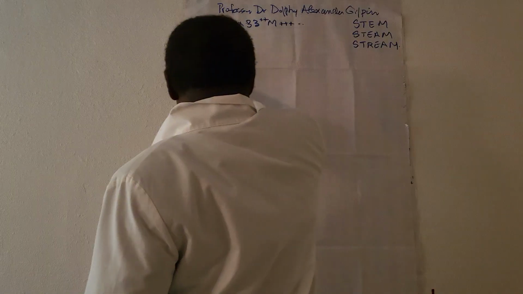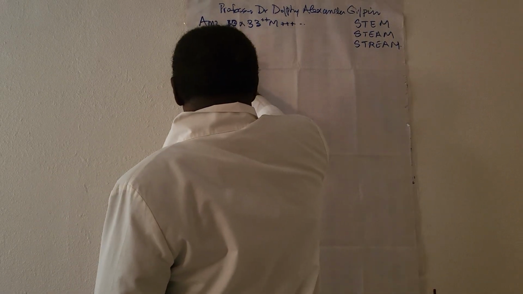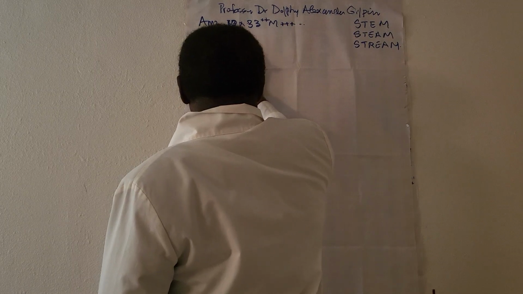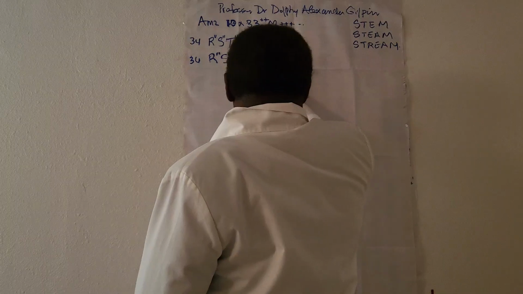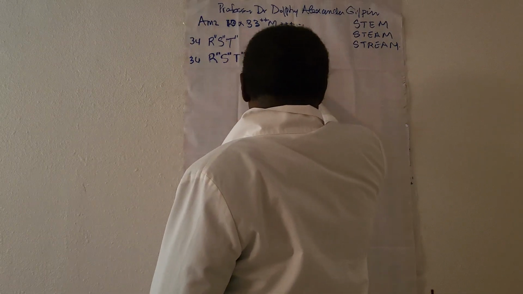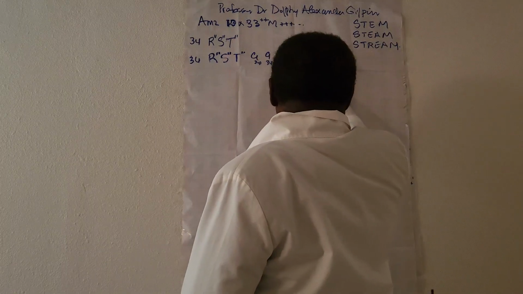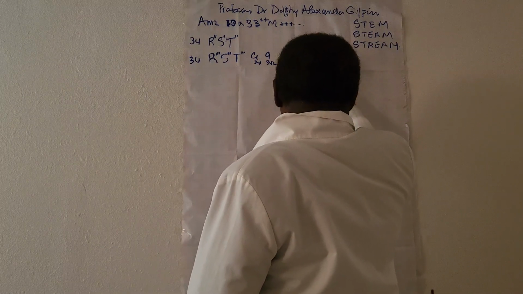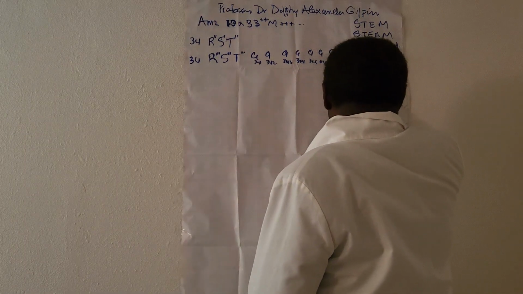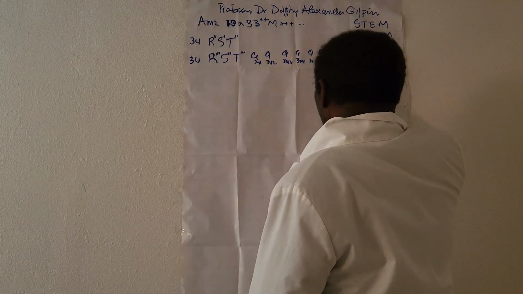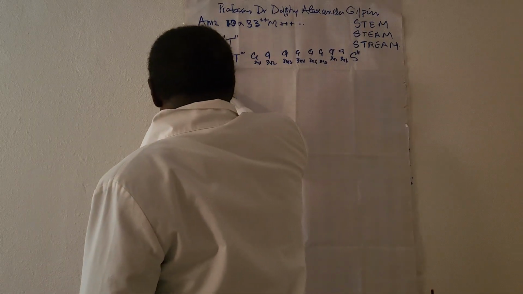RST, and let's write it here so as to clear the space there. So we have R double dash, S double dash, T double dash, A34-1, A34-2, A34-3, A34-4, A34-5, A34-6, A34-7, and A34-8, and a S double dash.